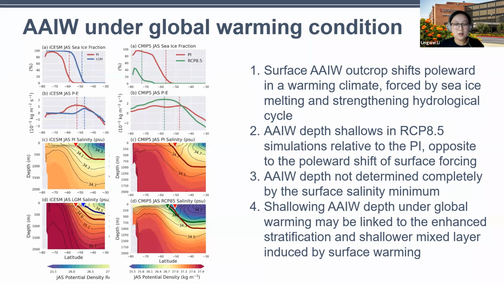So overall, very limited paleoceanography observations are currently available regarding the changes in glacial AIW vertical extent, and the interpretation of existing records is controversial. Therefore, further studies, including more robust paleo observations, are needed to better understand the mechanisms that control the AIW depths and extent, especially in the global warming case.